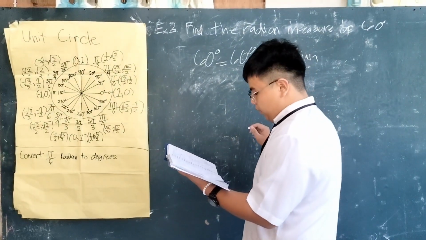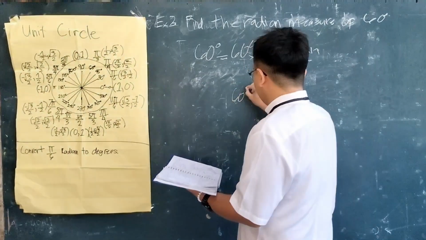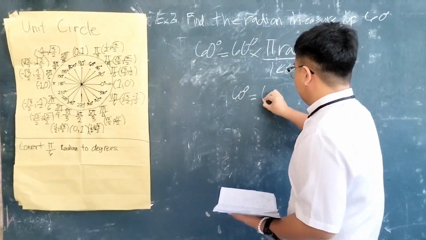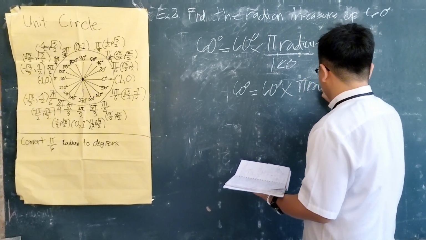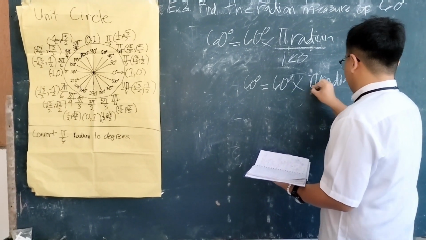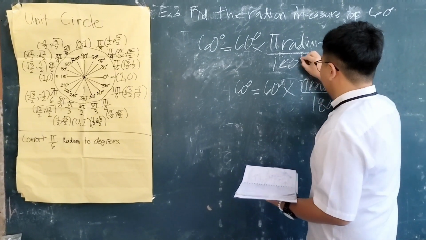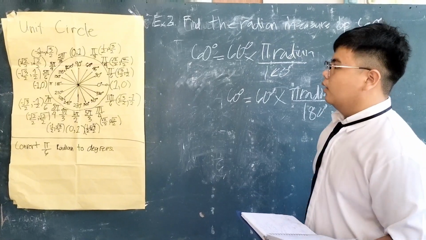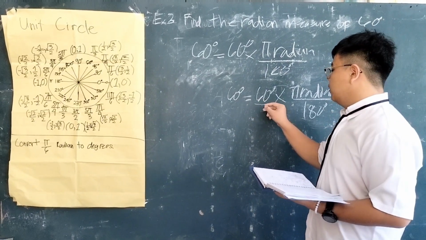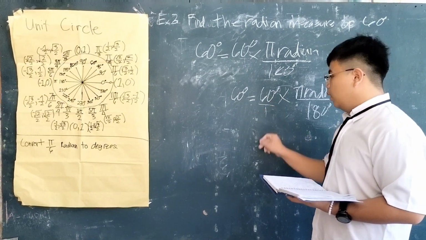So now we're going to simplify it. So 60 degrees equals 60 pi radian over 180 degrees. And as I told you in the previous problem, every whole number has a denominator of 1.